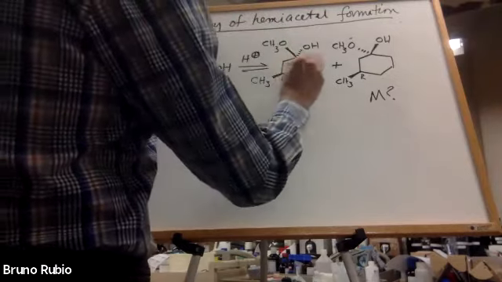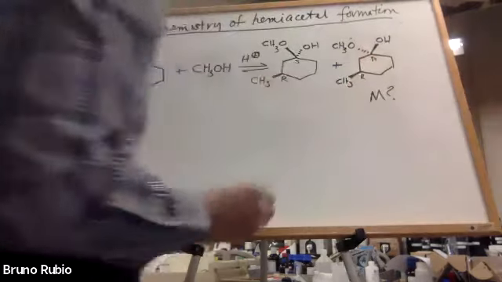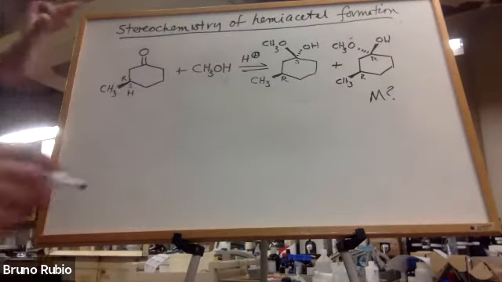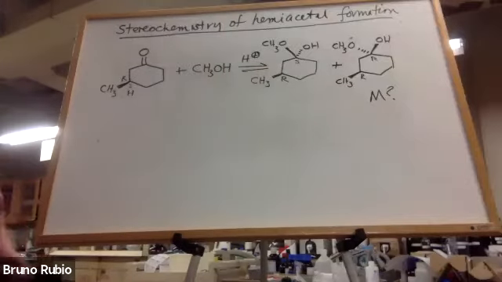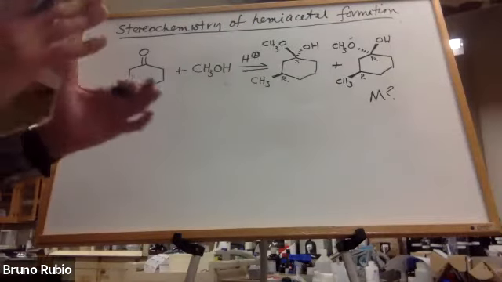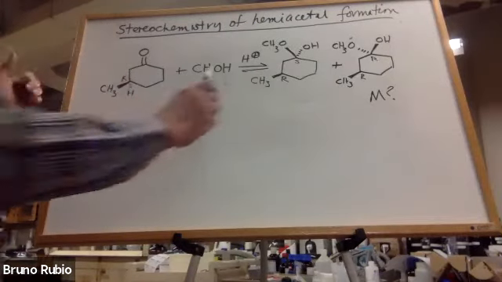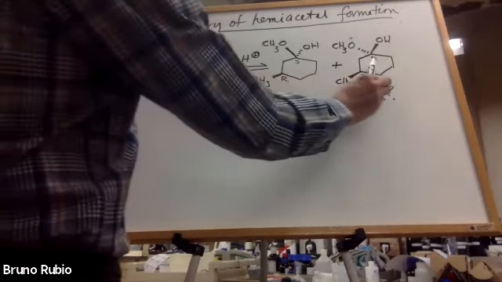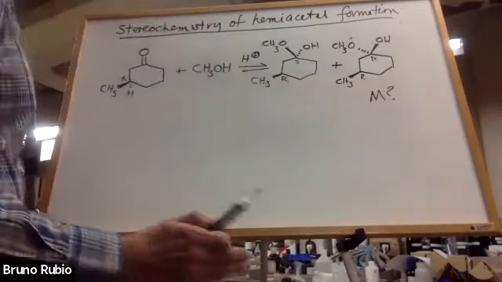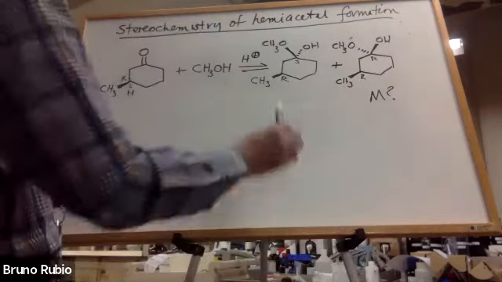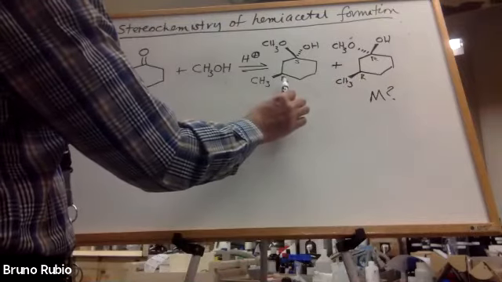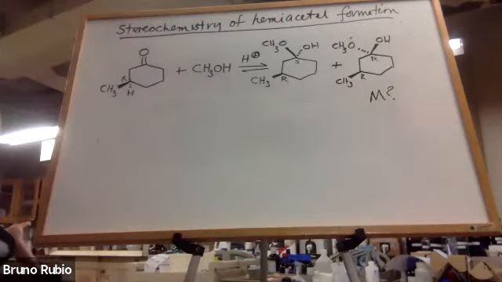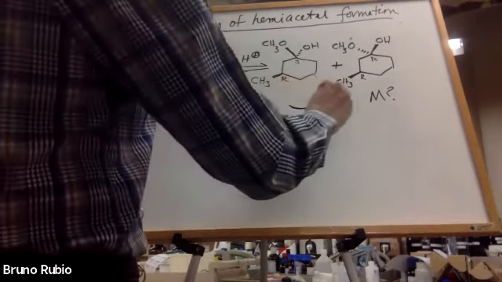That's the S. This is the R. Okay, so a new chirality center has been created, but now these guys are not enantiomers because enantiomers are non-superimposable mirror images. When the S absolute configuration looks into a mirror, it sees R. That's its mirror image. The left hand is the mirror image of the right hand. But when the R absolute configuration looks into a mirror, it has to see S, but it doesn't here, right? So these are not enantiomers.